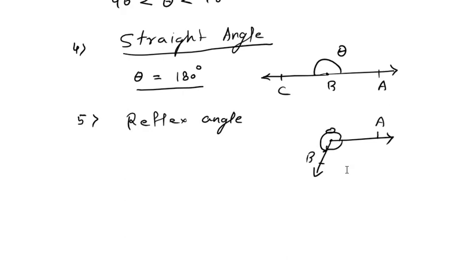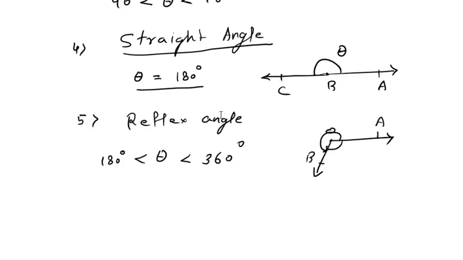So whenever two rays are meeting, whenever we are finding angle, then we have two conditions. One side we have angle less than 180 degree and on the other side we have angle more than 180 degree. So the portion which is more than 180 degree is called reflex angle. So here reflex angle, we have angle greater than 180 degree and it is less than 360 degree. So this is your reflex angle.